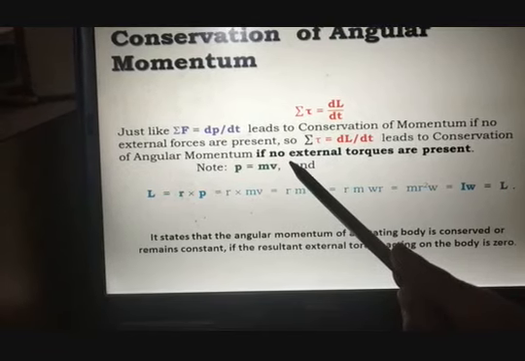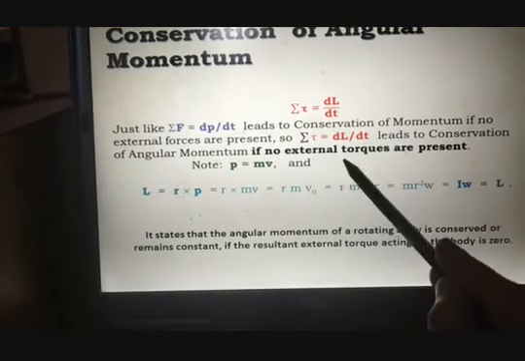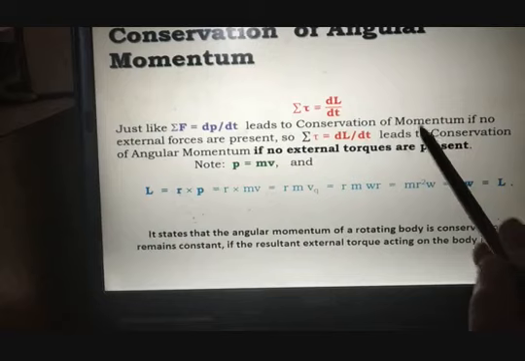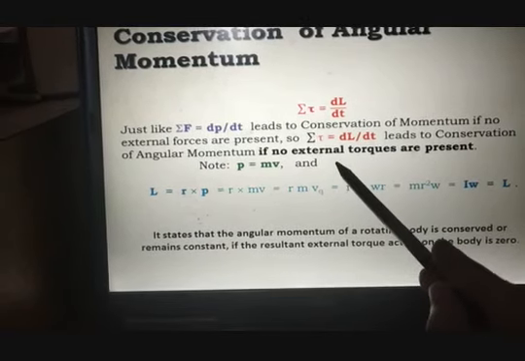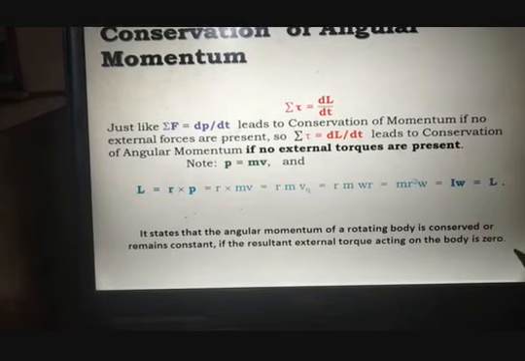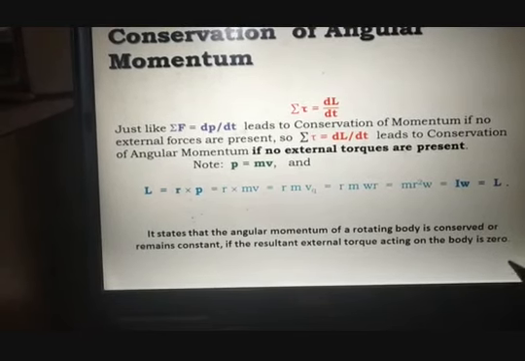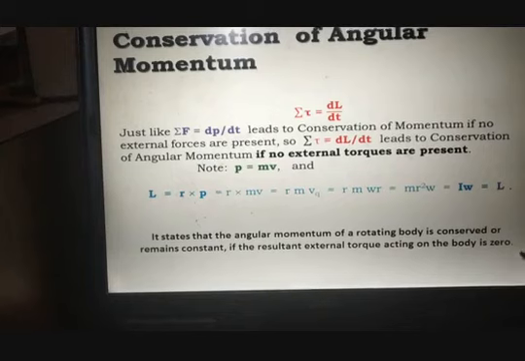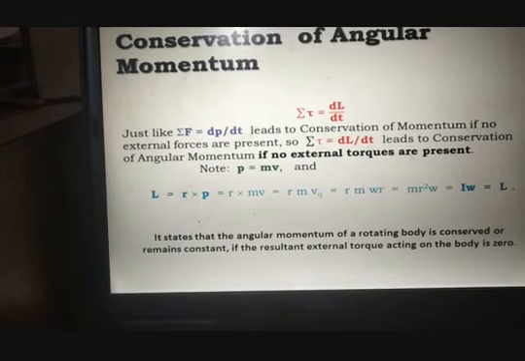When will angular momentum be conserved? When no external torques are present on the system. Unless an external torque acts on the given system, the angular momentum of the system will remain conserved, or you can say constant.